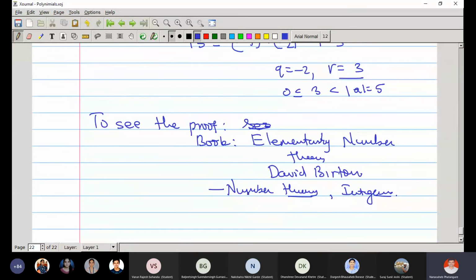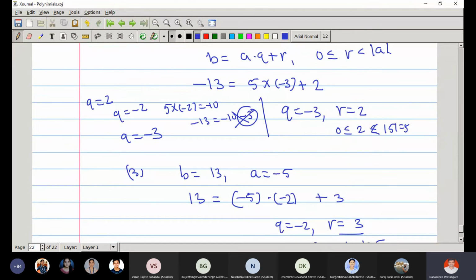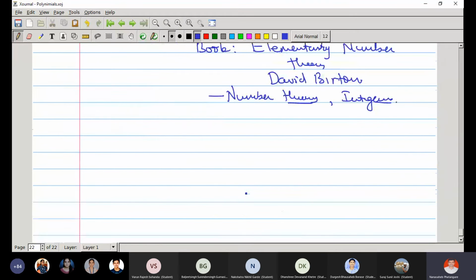Whatever is happening for polynomials is parallel to the integers. The same thing is going to happen for integers, and therefore remember that the set of polynomials is like the set of integers, because similar things are happening. Is the division algorithm statement clear?